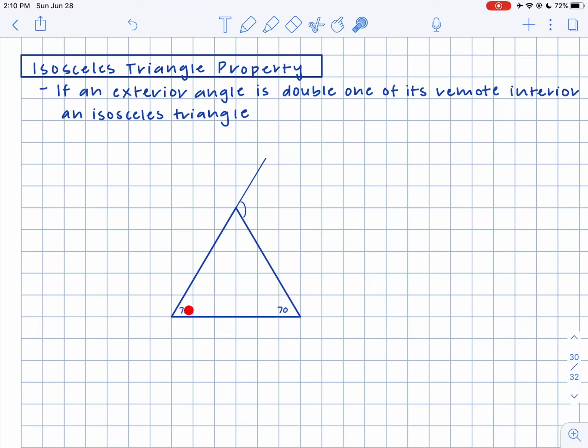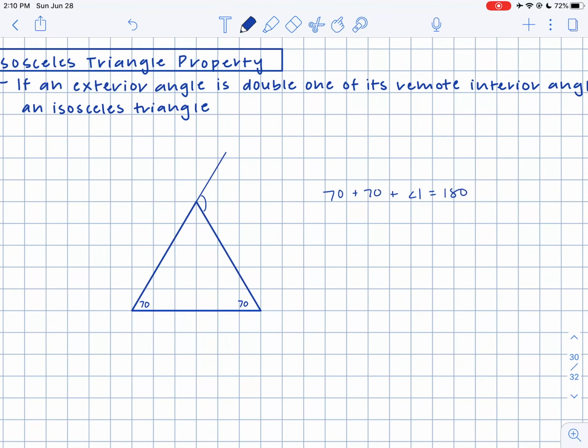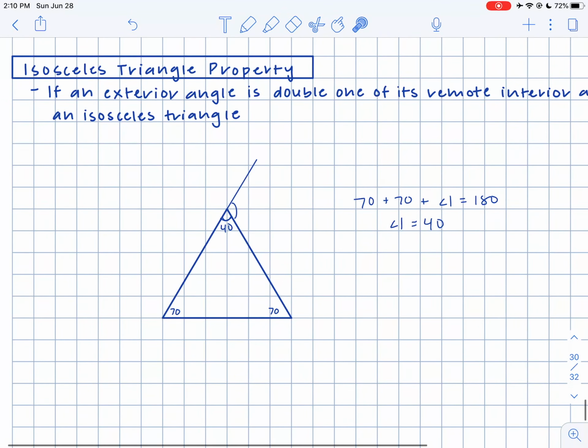How can we solve for this angle? Well, we know that this is 70 and this is 70, and the sum of the triangle should be 180. So 70 plus 70 plus this unknown angle right here, let's call it angle 1, equals 180. Now we just solve for angle 1, and that should give us 40. So we know this is 40.